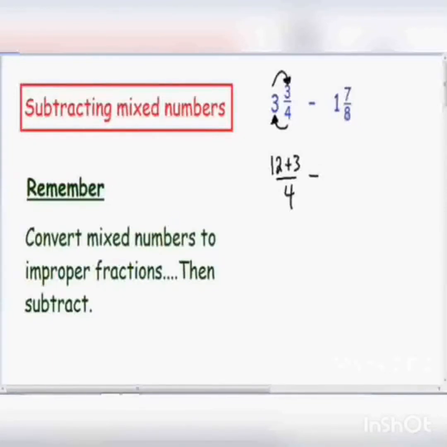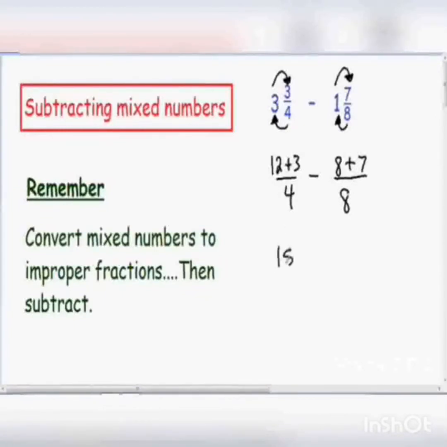Now in the second mixed number, we have a denominator 8, so we multiply 8 by 1 to get 8. Then we add 8 to the number on top, which happens to be a 7.